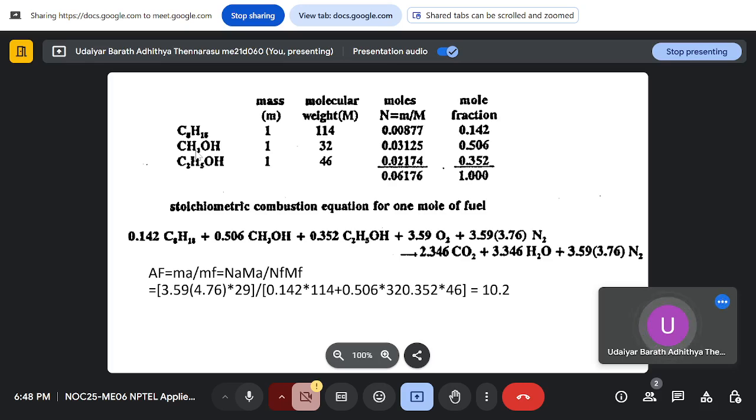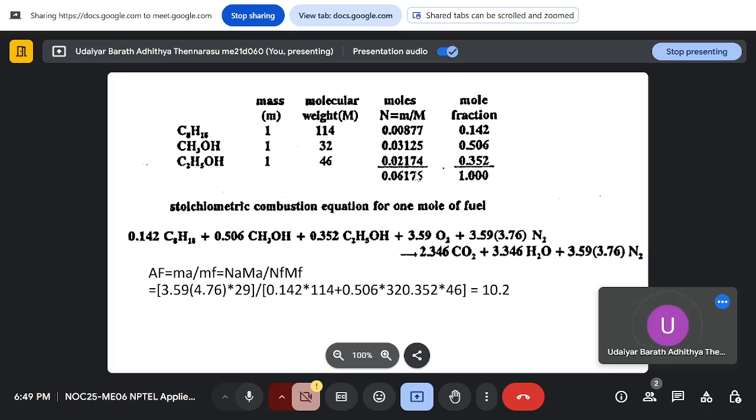Using this we'll find out the number of moles. The number of moles is mass divided by molar mass. So N is now 0.00877, which is 1 by 114, and similarly 1 by 32 gives 0.03125, and 1 by 46 gives you 0.02174. Adding up, the total number of moles is 0.06176.